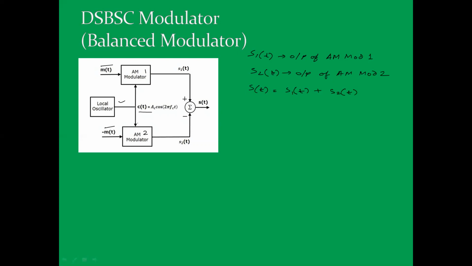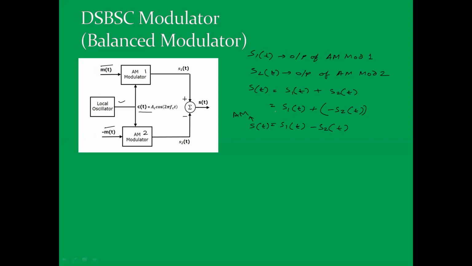Here s2(t) is nothing but minus m(t) with the carrier signal, so whatever quantity is coming is nothing but minus s1(t). So s1(t) minus s2(t) is the new s(t). This is my AM signal, or modulated signal. So I have to find this.